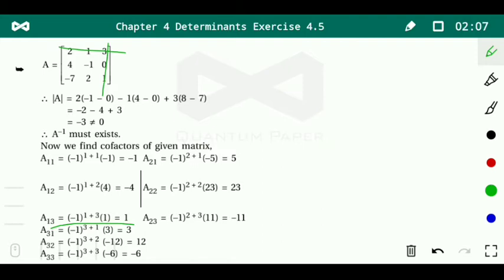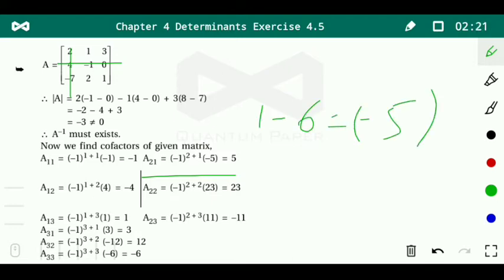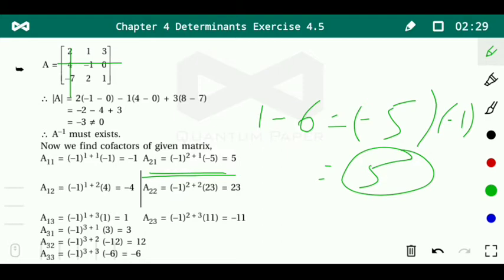So A13 is equal to 1. Now A21, so we remove the second row and first column. So 1 ones are 1, minus 3 twos are 6, so 1 minus 6 will be minus 5, and multiply with minus 1 raised to 3, so it will be minus 1. So the answer is minus minus plus 5. So the value of A21 is 5.